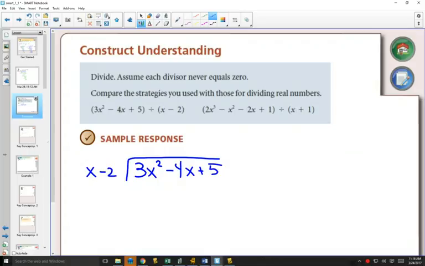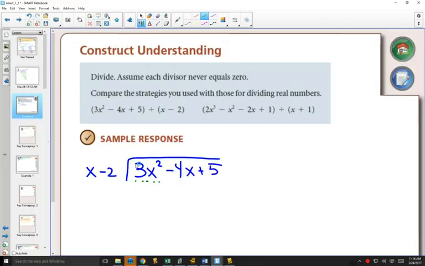Basically, what we're going to look for is, if I look at my first term, which is the 3x squared, could I multiply x minus 2 by something to get a 3x squared? It doesn't matter if you get more than 3x squared, but could you multiply x minus 2 by something so that one of the terms is a 3x squared?